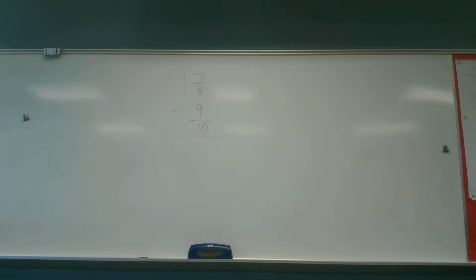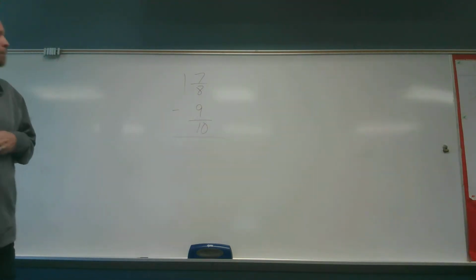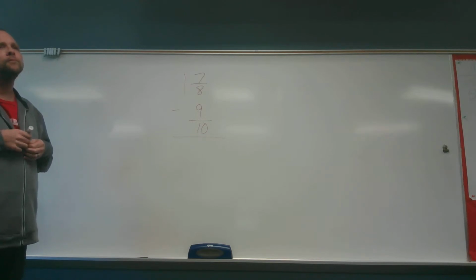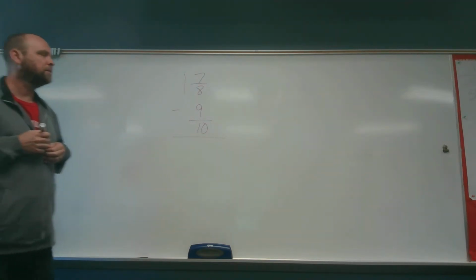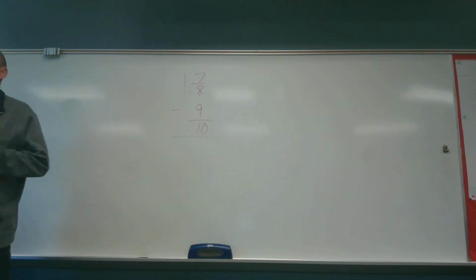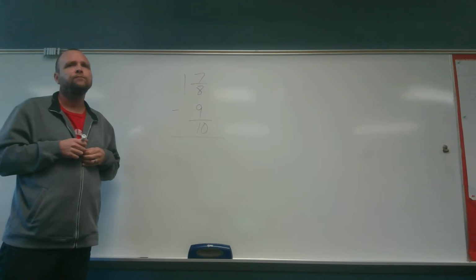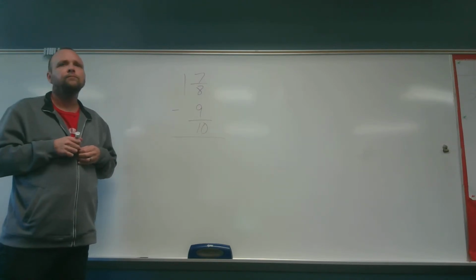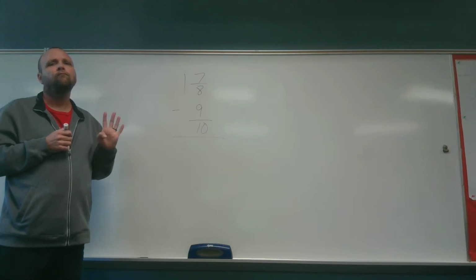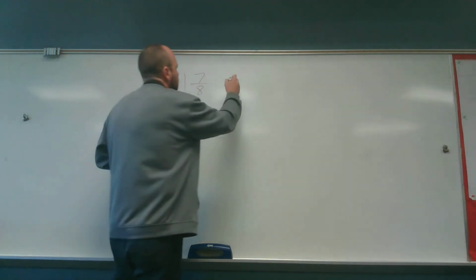Sanaya, what would be my first step? What was our first step in the last problem? Find the least common denominator. And Kane, what would the least common denominator be? 40, good.